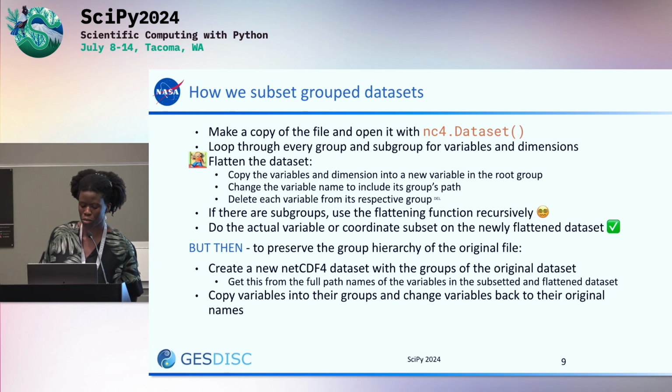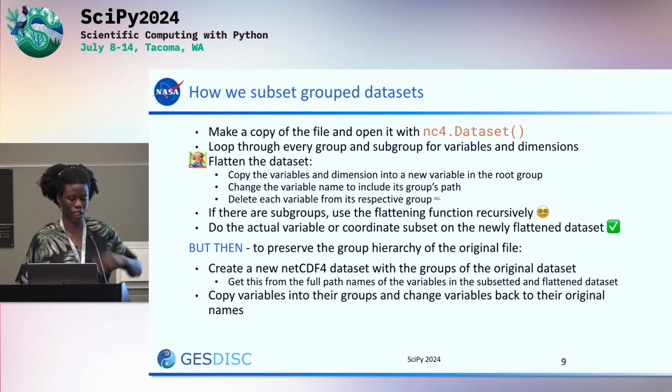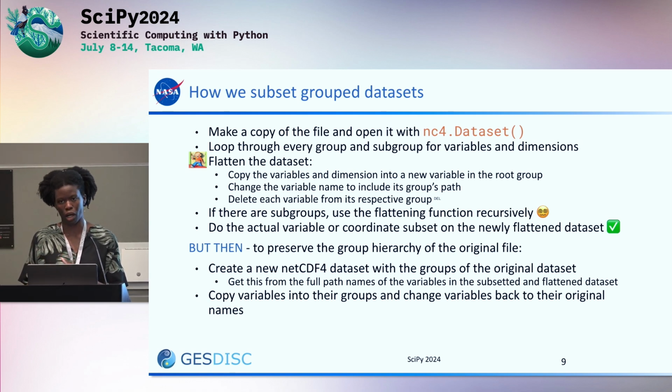Awesome. Thanks, Lucas. So a little bit before getting into DataTree, this is how we've dealt with subsetting groups at JustDisk. We basically make a copy of the file and then open it with NetCDF4. We loop through every group and subgroup for variables and dimensions, and then we can flatten a dataset.